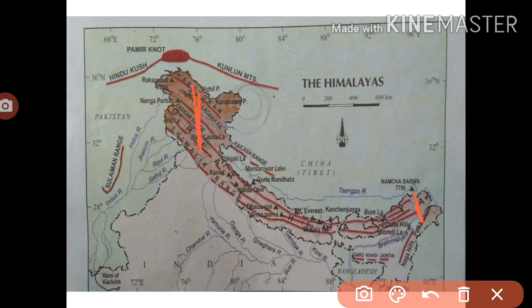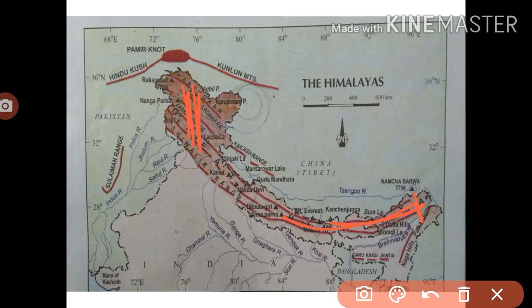The altitudinal variations are greater in the eastern half than those in the western half. Now this is the eastern side and this is the western side.